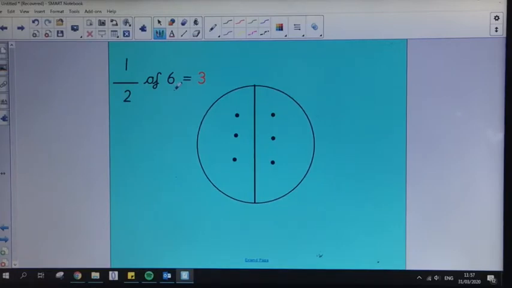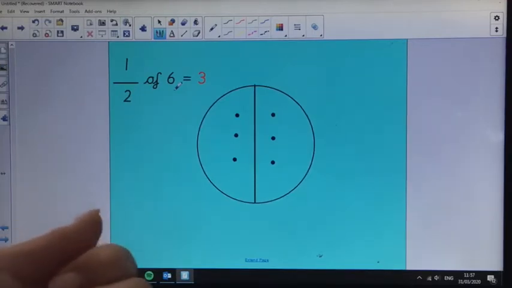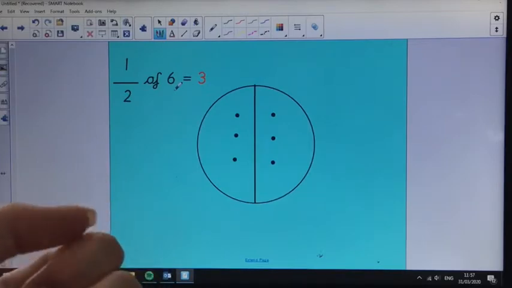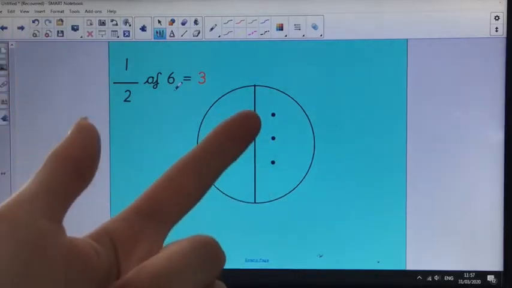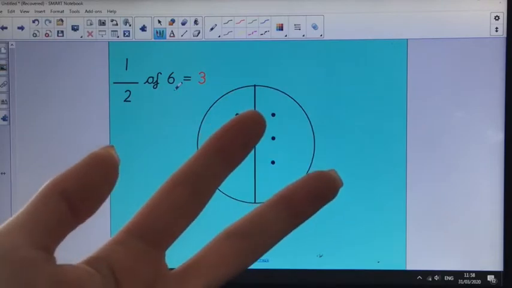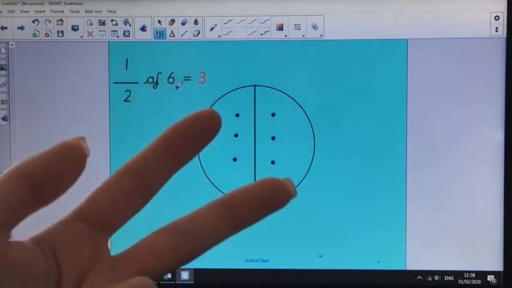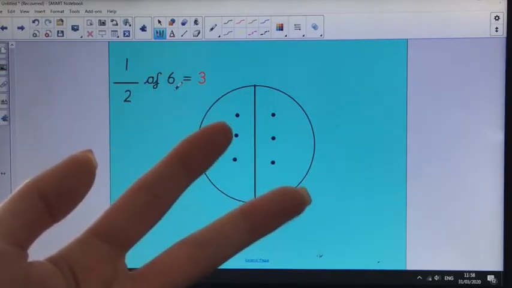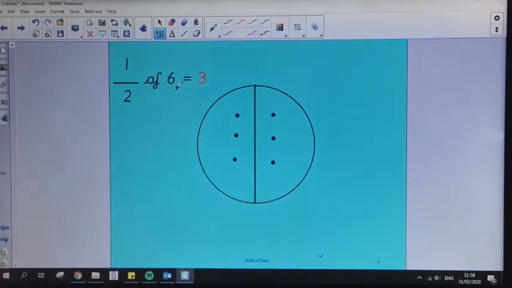Okay, so you're going to need your fingers for this. We're going to count up in our 2s and stop when we get to 6. So get ready, with your fingers you're going to count in your 2s with me. Ready? 2, 4, 6. And you'll see that I've got 3 on my fingers. So that gives us our answer of 3.